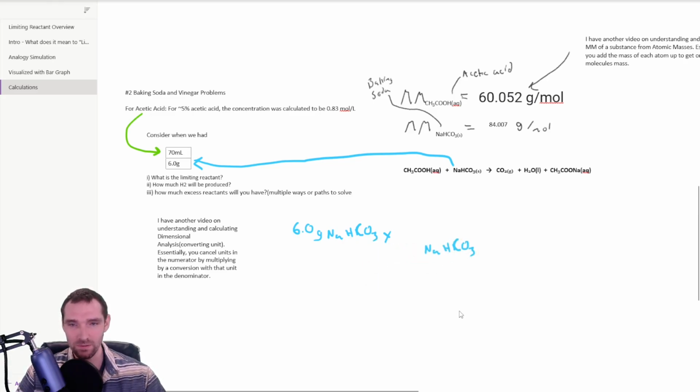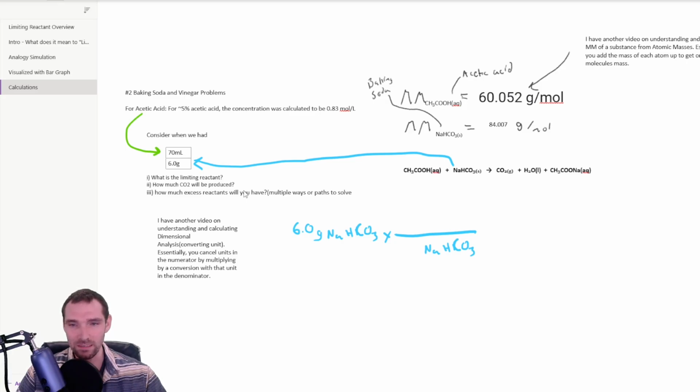We're trying to figure out from those grams how much we're finally making. I should have written a different product, I just copy pasted that over. Let's say how much CO2 will be produced, because that's really what we're looking at, right?